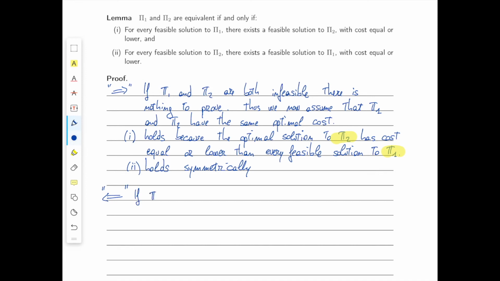If pi1 and pi2 are both infeasible, we are done. So assume that at least one of them is feasible.